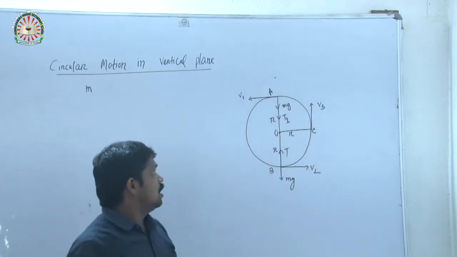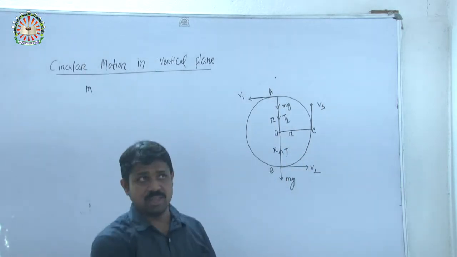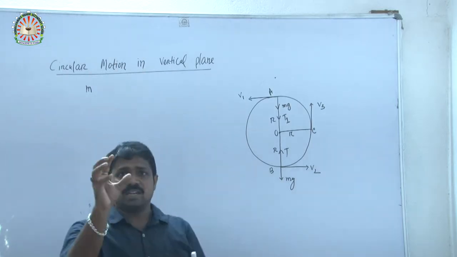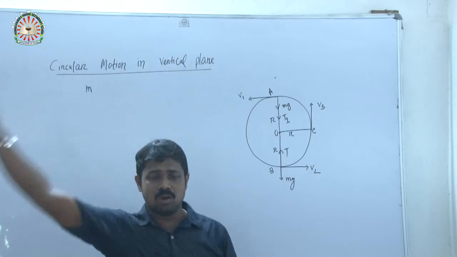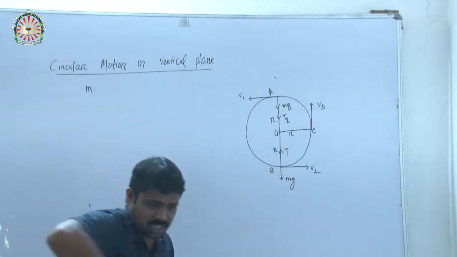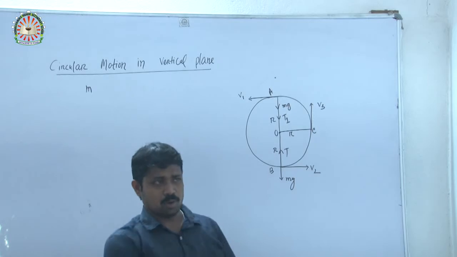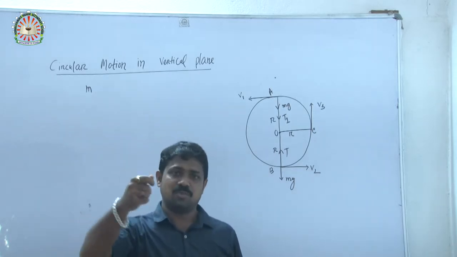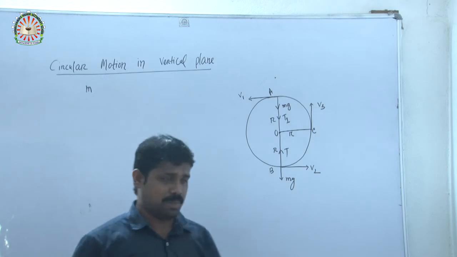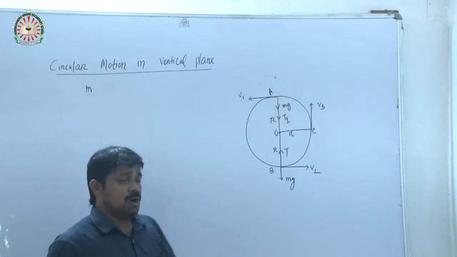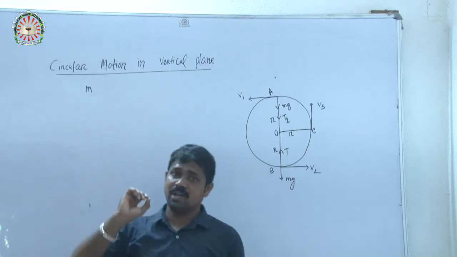If I tie a stone or an object with an inextensible string and rotate it in this manner, not in this manner, because that is a horizontal plane, but in this manner, then that becomes a vertical plane.